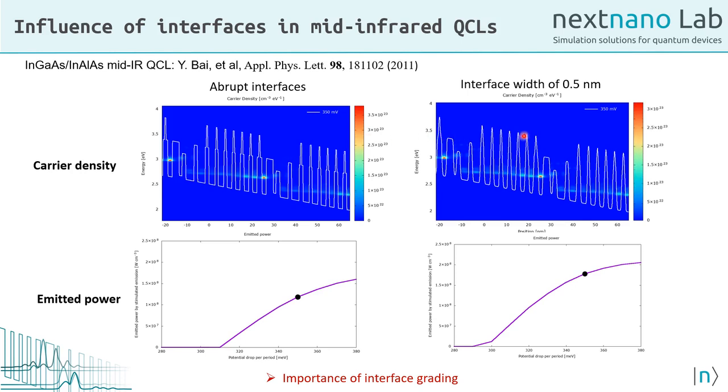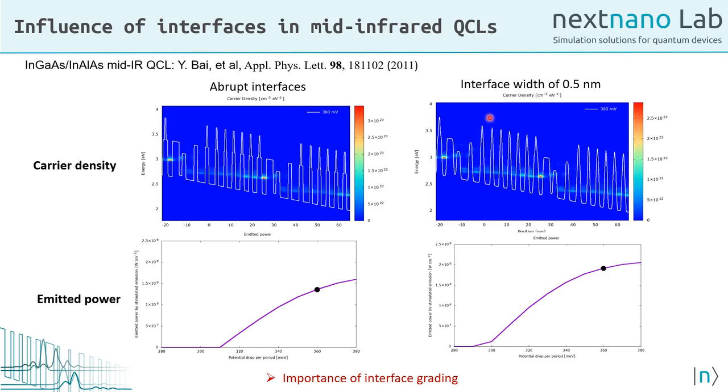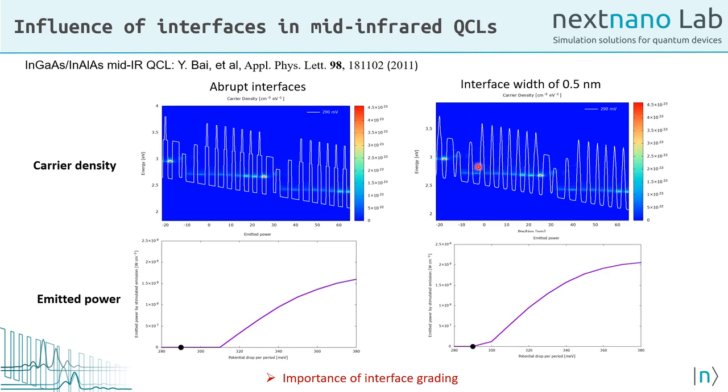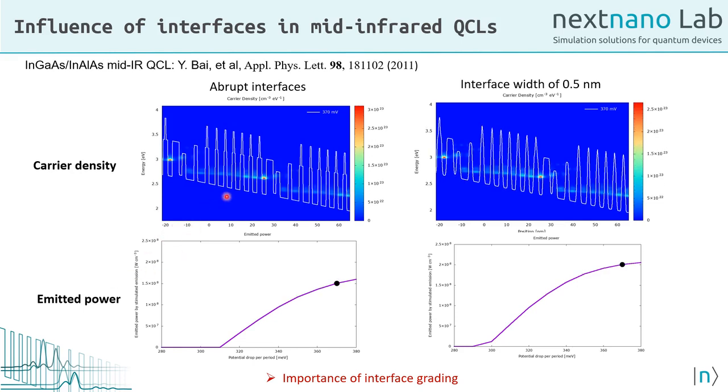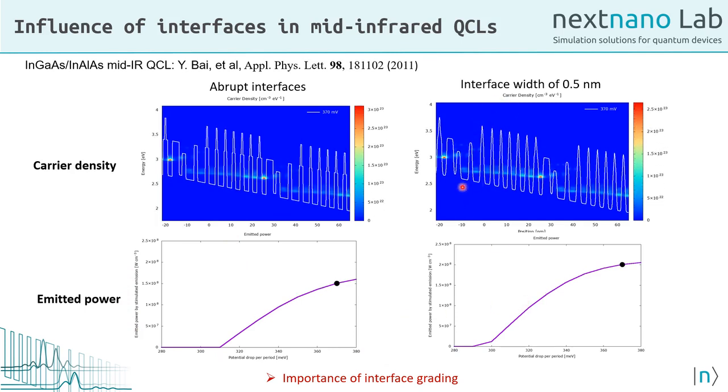And on the right, we have applied the general theory of rough and diffuse interfaces. Interestingly, you can see that both the current density and also the emitted power, here shown as a function of the potential drop applied through one period, are affected by the shape of the interfaces.